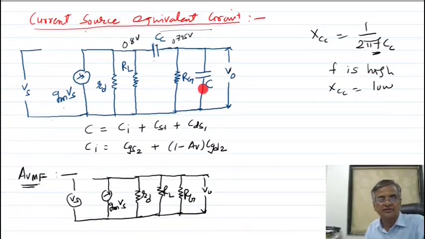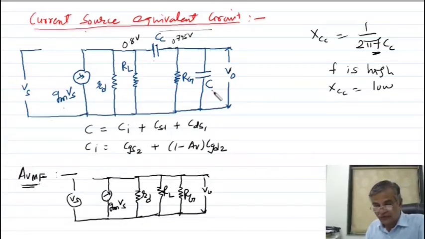In short, the high frequency response of the amplifier depends upon the shunt capacitance, or shunt capacitance restricts the upper cutoff frequency of the amplifier, or shunt capacitance limits the high frequency response of the amplifier.